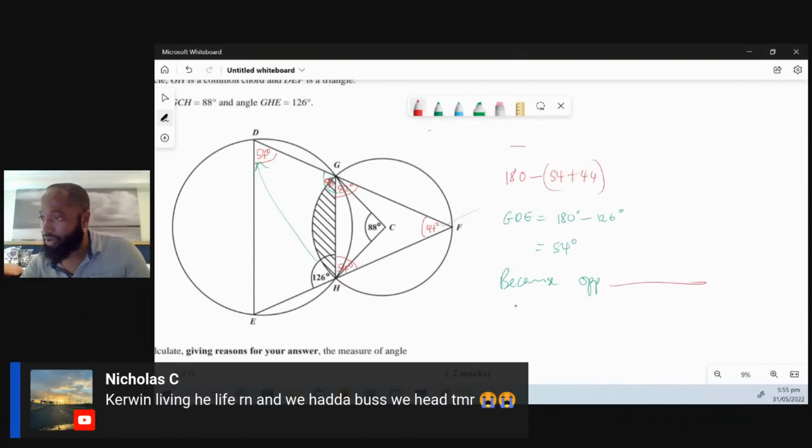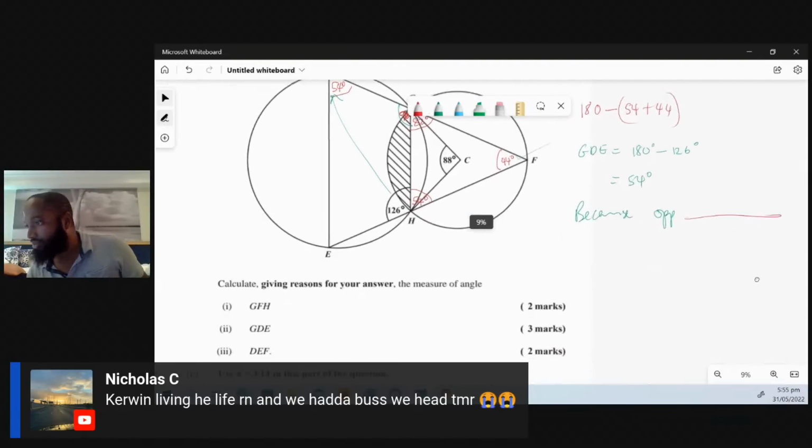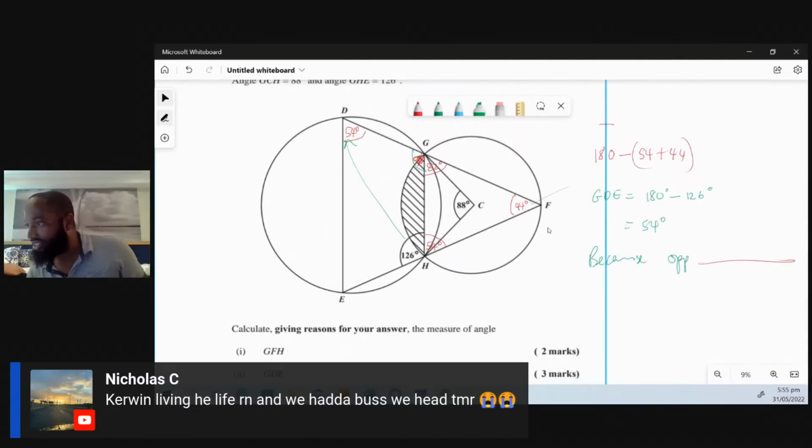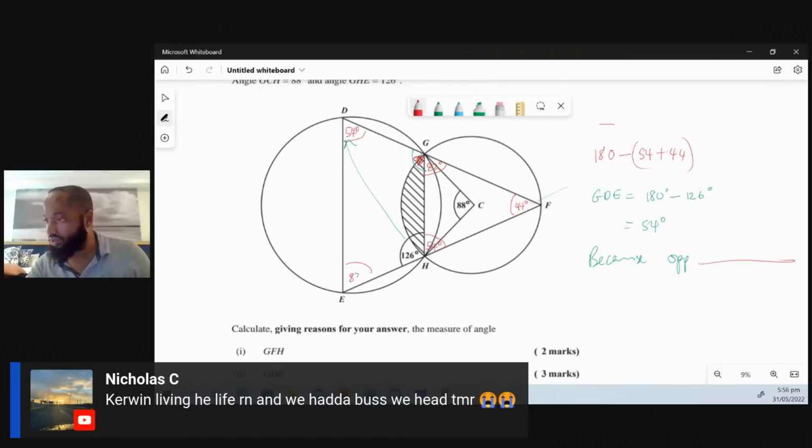We'll keep that in the back pocket for later use. 98. Yeah. DEF. So DEF must be 82. Right? And this must be 82 because opposite angles in a cyclic quadrilateral. DEHD. Yeah. So do our next one.